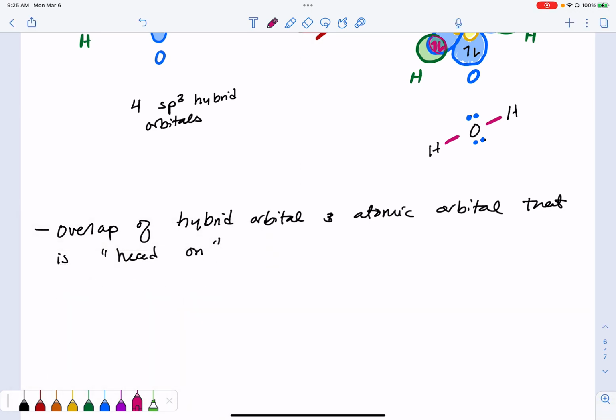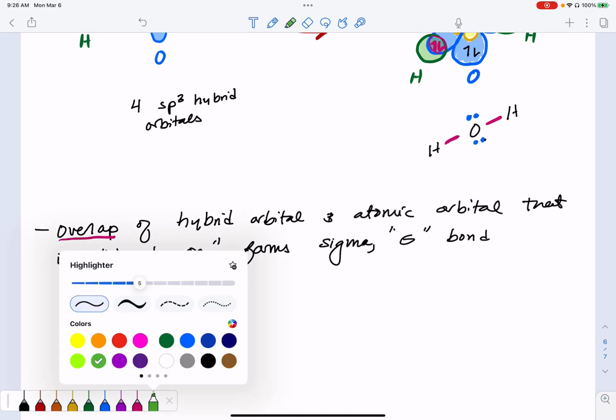So the overlap, which is this pink region, from this head-on combination forms what we call a sigma, same symbol we've seen for standard deviation, bond.